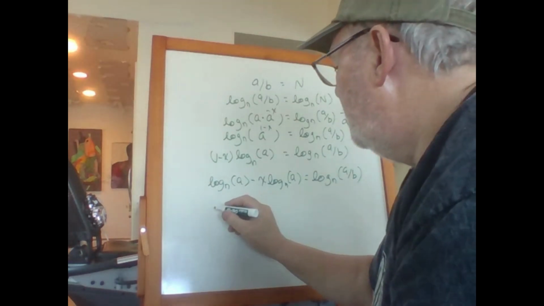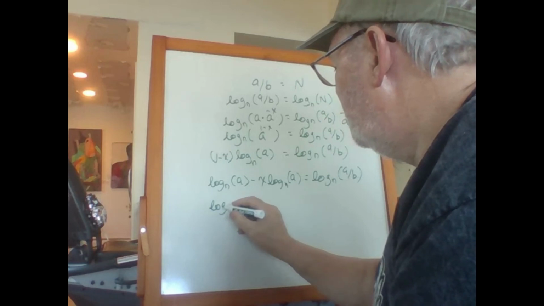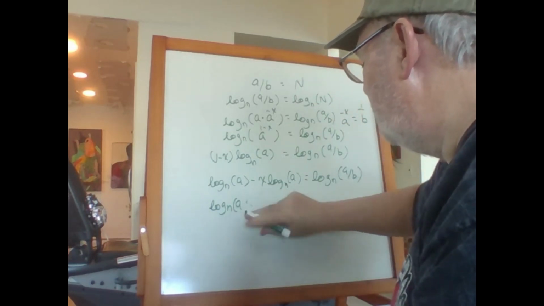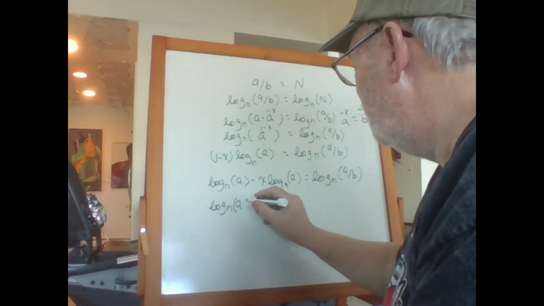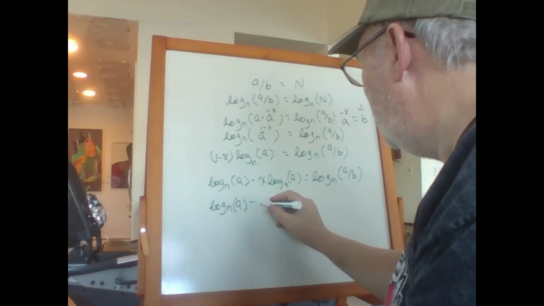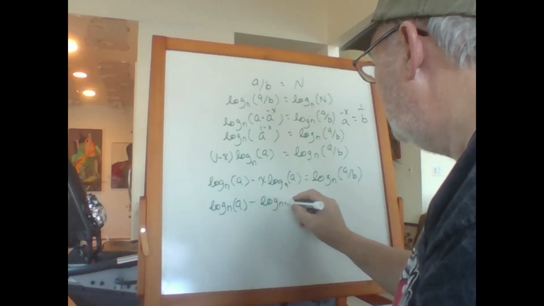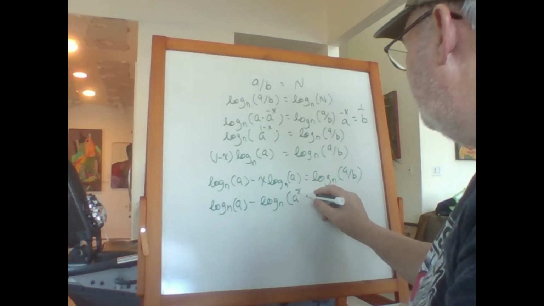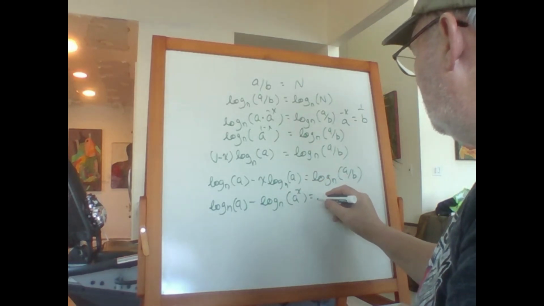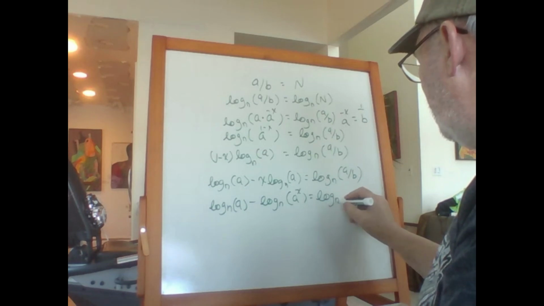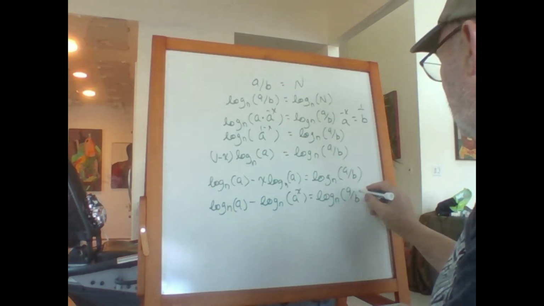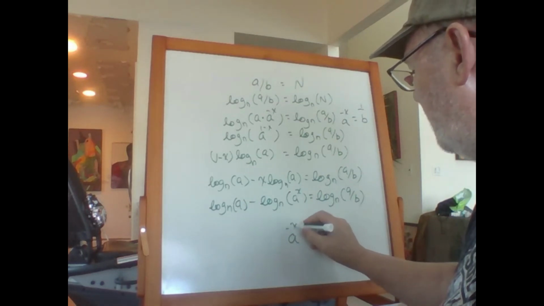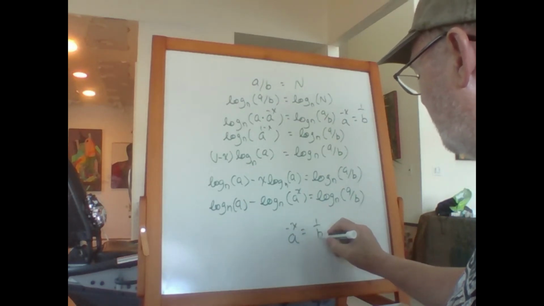And we got log n of a, minus log n of a to the x, equals log n of a divided by b. But remember, a to the minus x equals 1 over b.